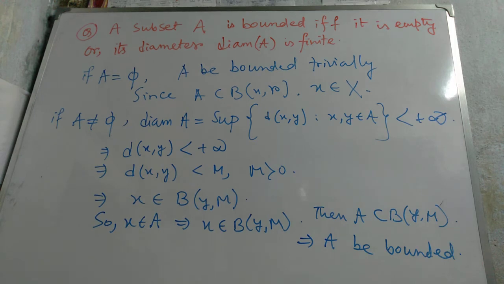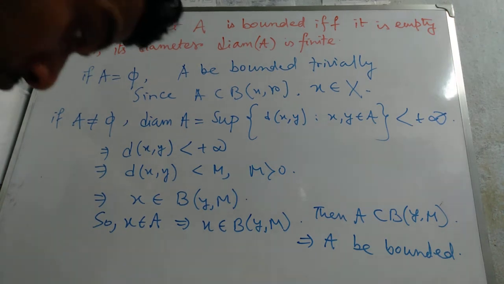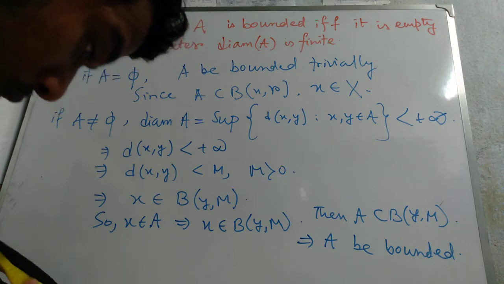So we prove this problem. That means a subset A is bounded if either it is empty or its diameter is finite. Now we erase our portion.